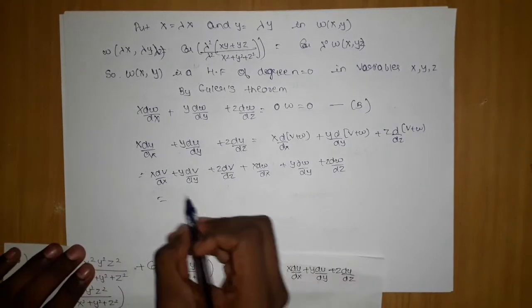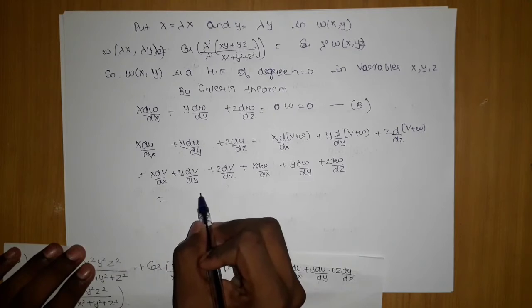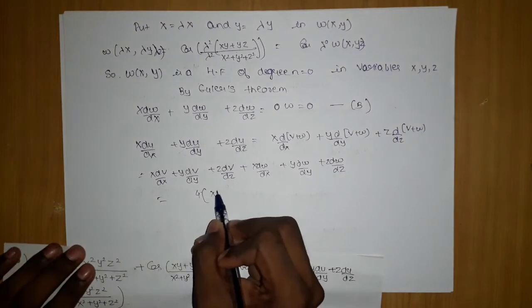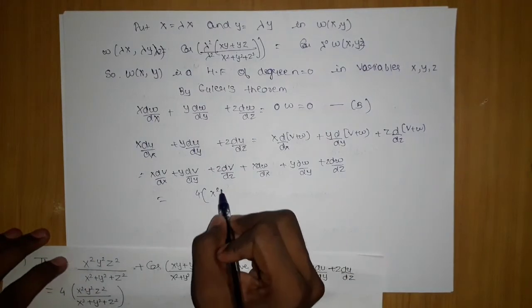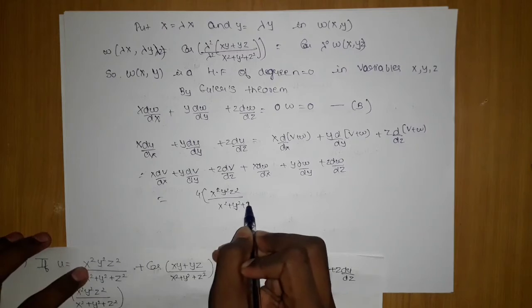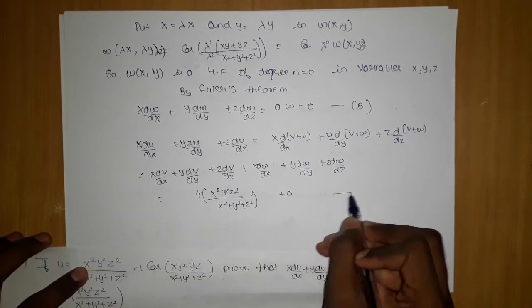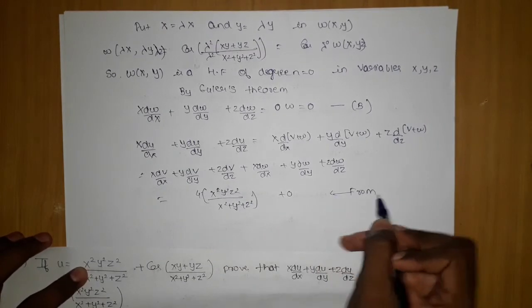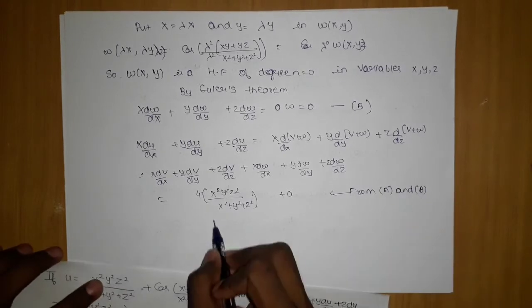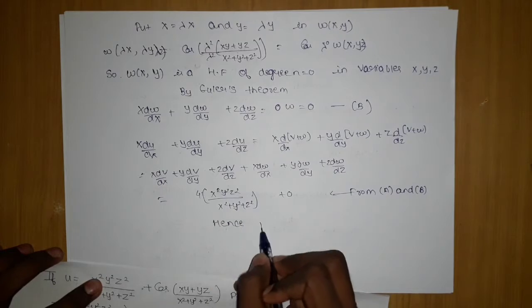So put these values here. You are going to have 4 times x square y square z square the whole upon x square plus y square plus z square, and here you will have 0 from a and b. Hence proved.